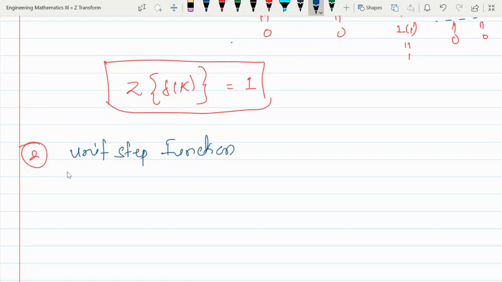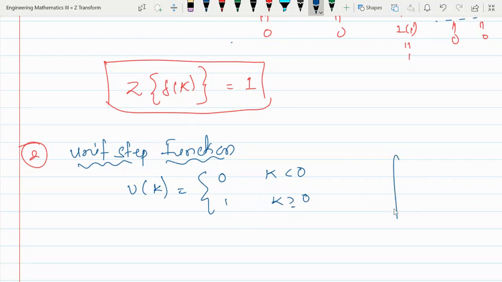Same as the previous one, you can easily find the Z transform of the unit step function. How does it look? U of k is given by this function: it is 0 for k less than 0 and it is 1 for k greater than or equal to 0.